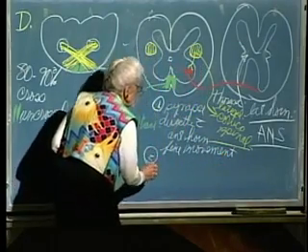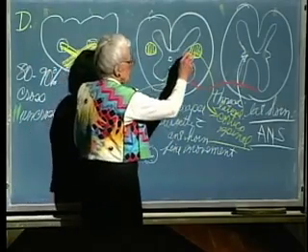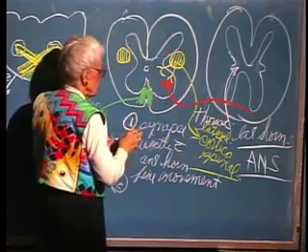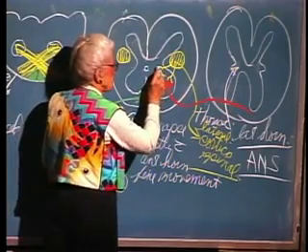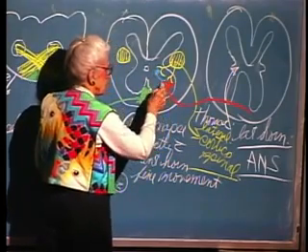For more generalized movement, my fiber is going to come over to an interneuron. Talked about interneurons. And then down to your anterior horn cell.